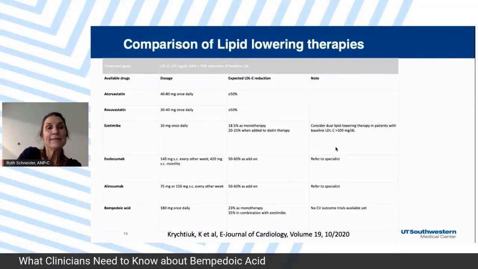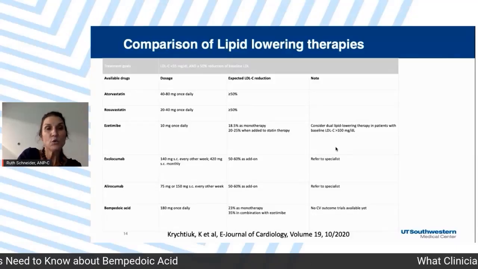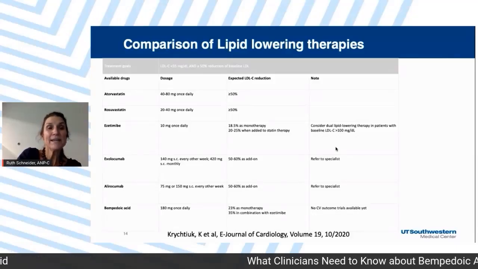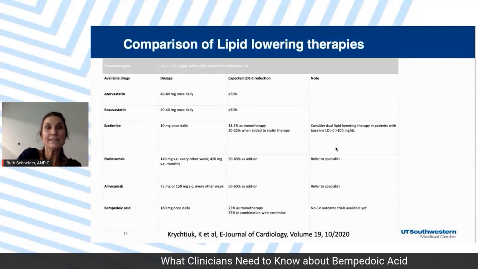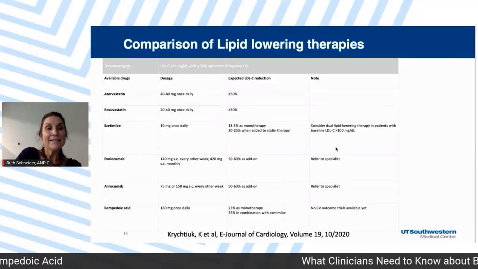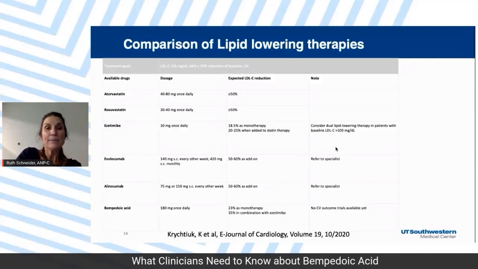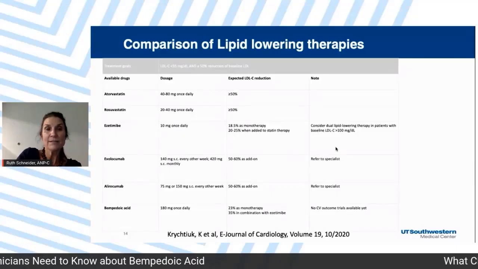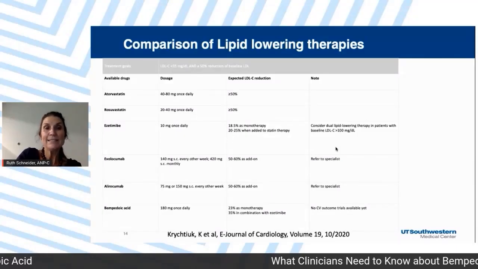If you're looking at the high-potency statins, it's atorvastatin, 40 to 80 milligrams a day, or rosuvastatin, 20 to 40 milligrams a day. Expected LDL reduction with these 2 medicines is greater than or equal to 50%. If you look at ezetimibe, 10 milligrams a day, as monotherapy, it can reduce the LDL by 18.5%. When added to statin therapy, can reduce the LDL by 20 to 25%.